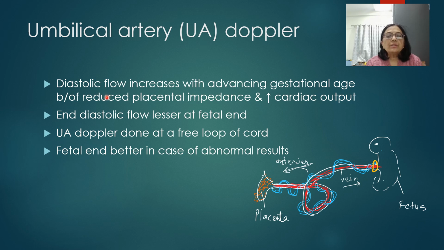Now the diastolic flow in the umbilical artery normally increases with advancing gestational age because of reduced placental impedance, impedance meaning resistance, as well as increasing cardiac output of the baby. So as the gestational age advances, the placental barrier becomes thinner and thinner, and that leads to normally reduced placental resistance.